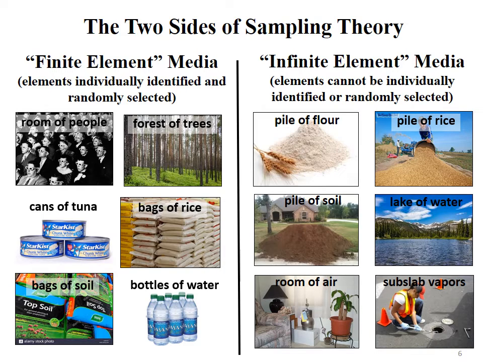So examples of this type of media include a pile of flour or pile of rice or pile of soil or soil in situ in your front yard or anywhere, or a lake of water, a room of air, or subslab vapors under a building. So these are all media that you have some question about, but you can't go in and collect individual grains of flour or grains of rice or bits of soil or molecules of water or air and such.